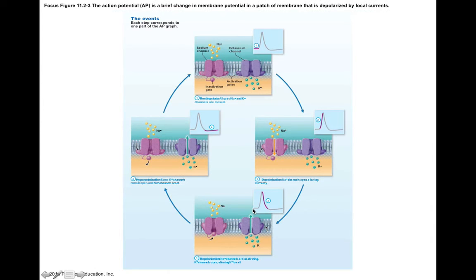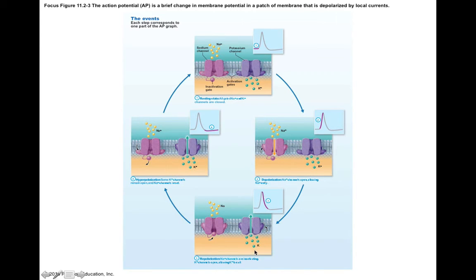So in terms of the events of the action potential, we have rest, which is due to leakage channels. We have the rising phase or depolarization phase, which is due to the opening of voltage-gated sodium channels. Once those activation gates open, sodium can actually rush in, causing depolarization to occur. And then near the peak of the action potential, the inactivation gate of your voltage-gated sodium channel closes right around the same time that the activation gates of your voltage-gated potassium channels open, which allows potassium now to exit the cell.